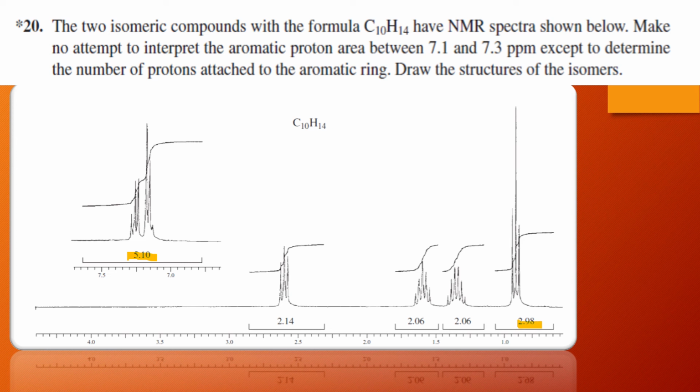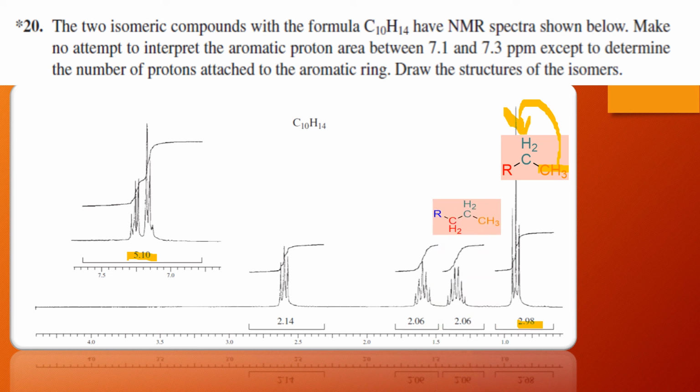Let us start from here. The integral value is 2.98, which means that there are 3 protons, and the peak is a triplet, which means that at the neighboring carbon there are 2 protons, right? So this is CH3, giving us a triplet due to these 2 protons, right?